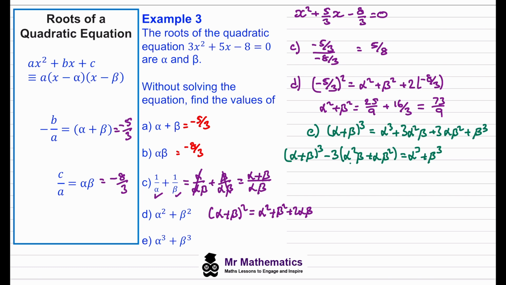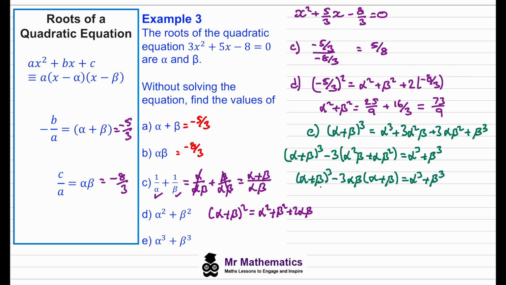And then we can factor out the alpha beta from this bracket. So we've got alpha plus beta all cubed minus 3 lots of alpha beta multiplied by alpha plus beta, and that will equal alpha cubed plus beta cubed.